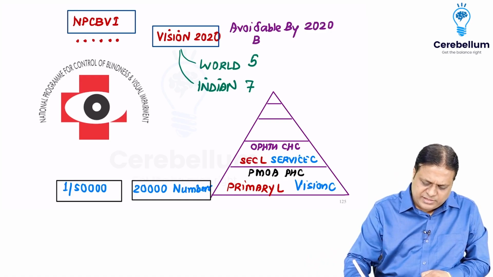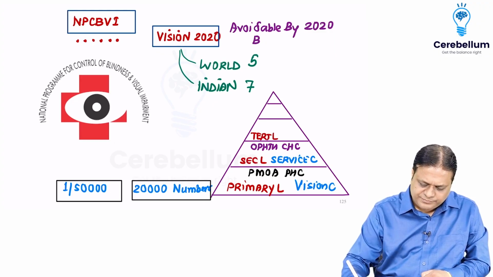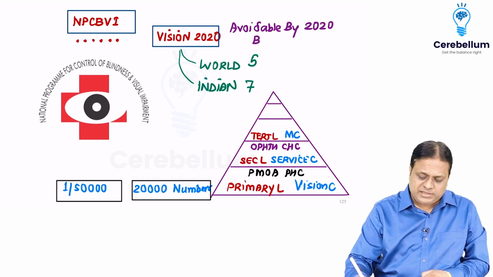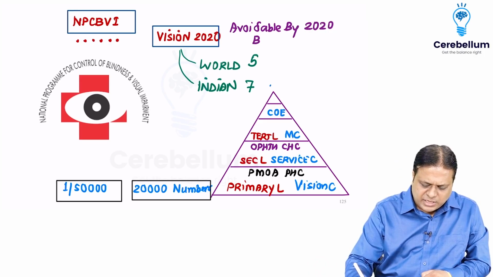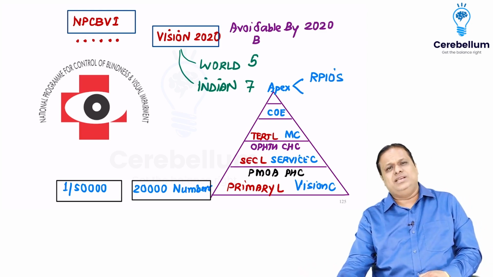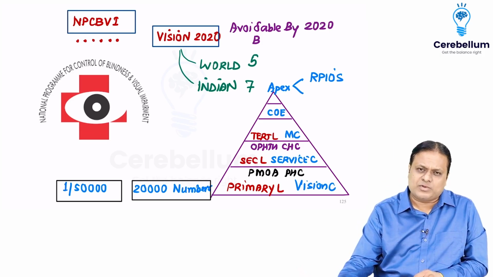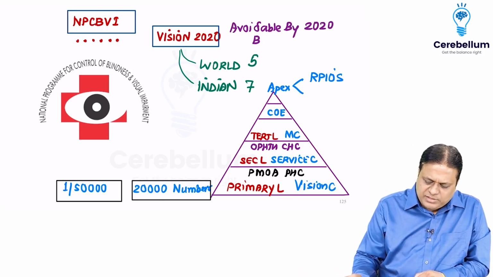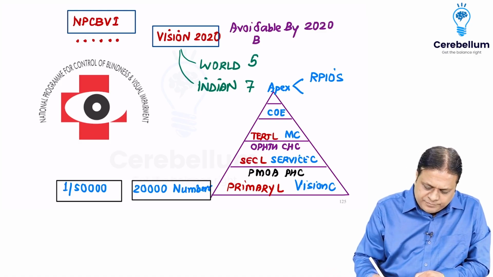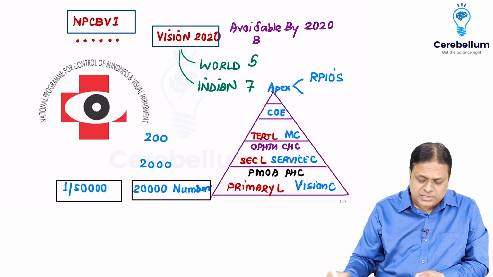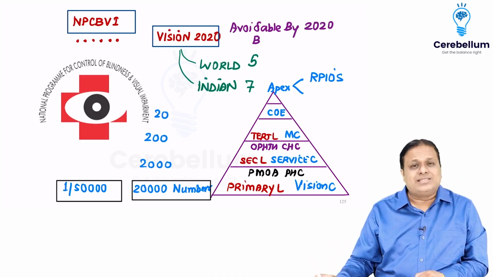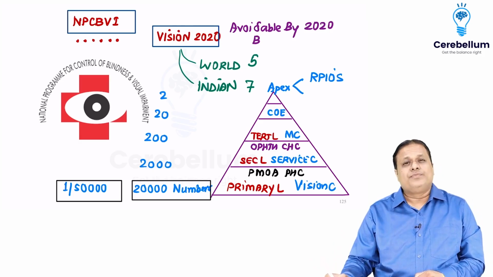Then we have the tertiary level, medical college, ophthalmology department. Then we have centers of excellence and apex. Out of the two, one is Rajendra Prasad Institute of Ophthalmic Sciences, AIIMS, Delhi. There is LV Prasad Institute in the southern part of the country. So we have 20,000 vision centers, 2,000 service centers, 200 medical colleges, 20 centers of excellence, and 2 apex.